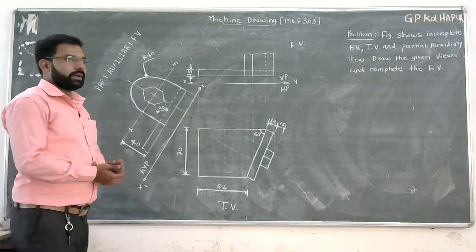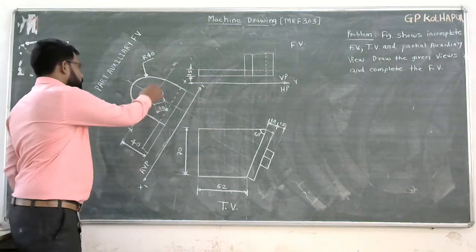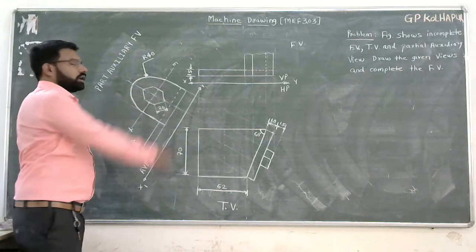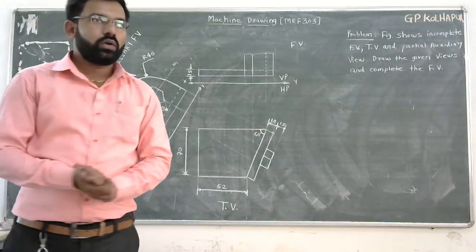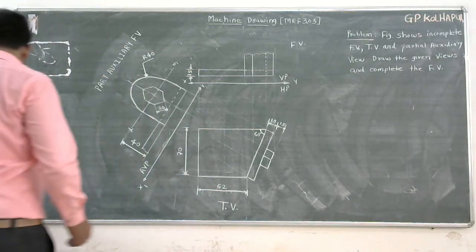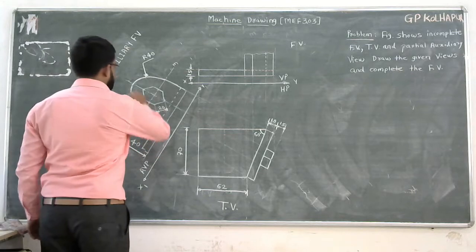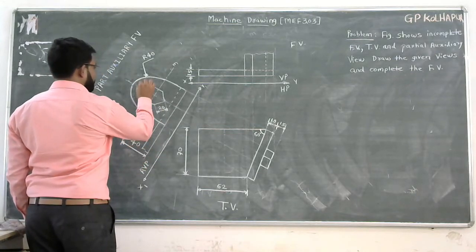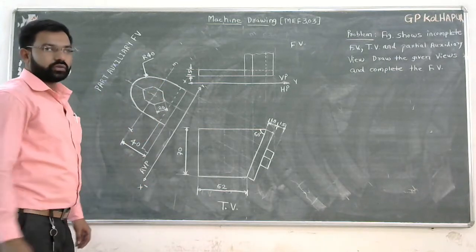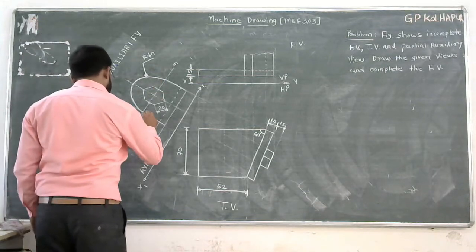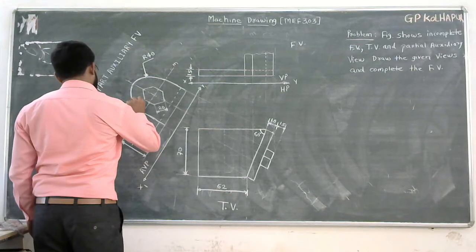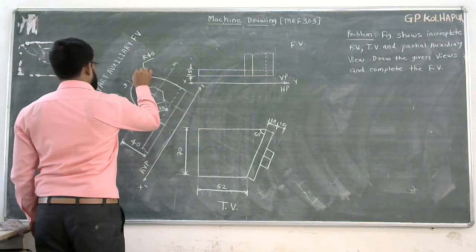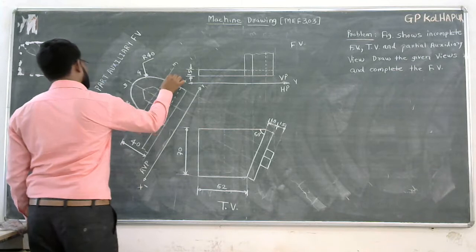In order to complete the front view, first of all we have to divide this semicircular curve into 4 equal parts. So I will divide this semicircle into 4 equal parts and give the names 1, 2, 3, 4 and 5.